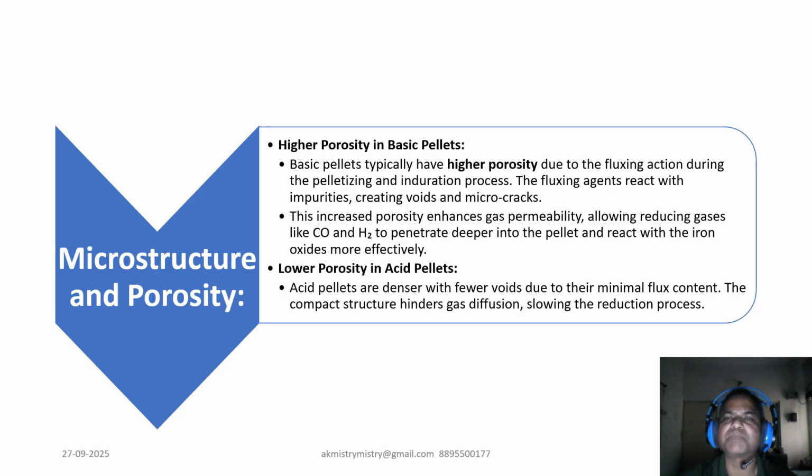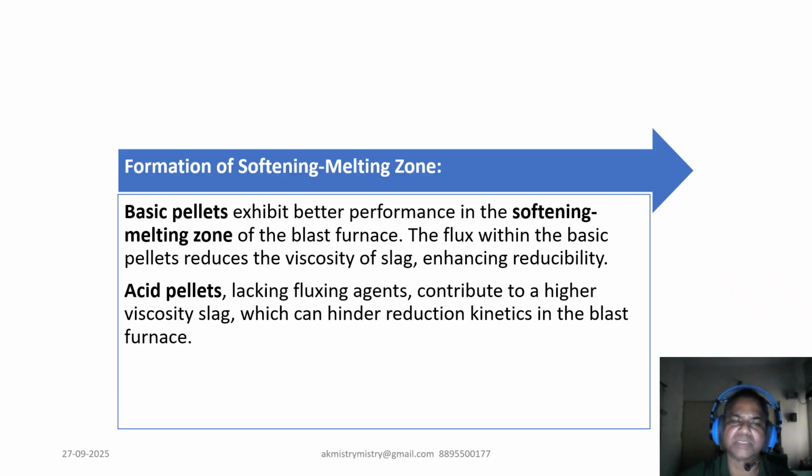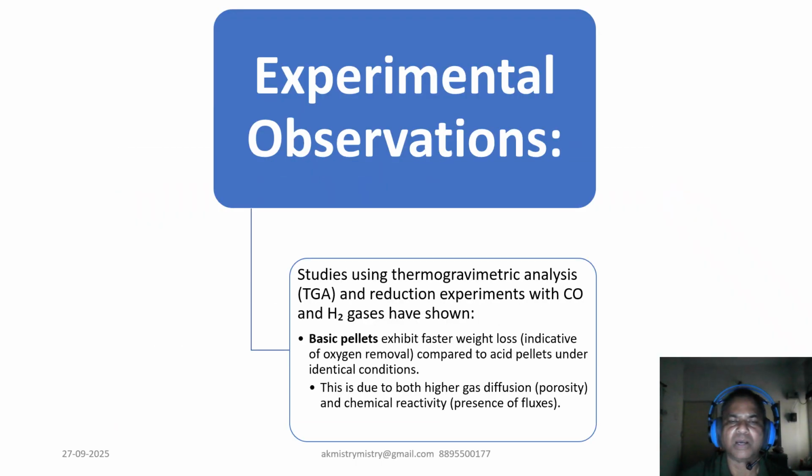And this superior performance is due to, number one, higher gas diffusion and, number two, greater porosity. And both together help in mitigating fuel consumption and optimizing the fuel rate, particularly in the blast furnace.